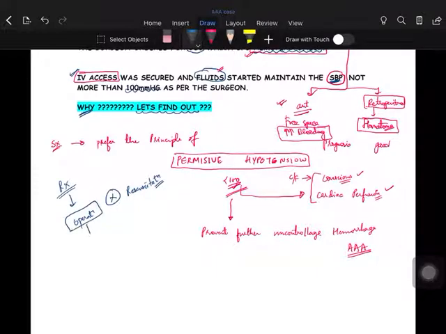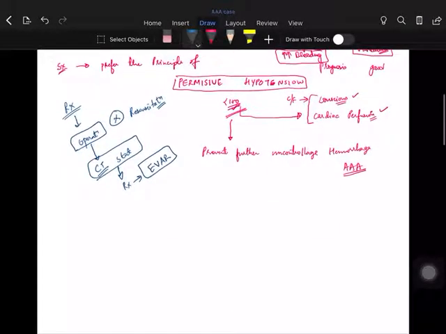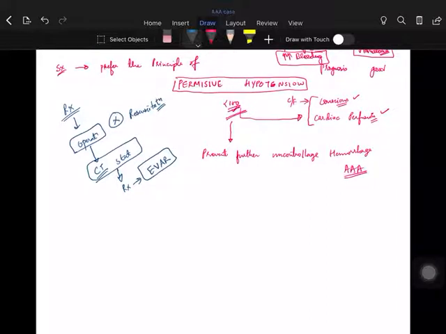So first of all, you do a CT of this patient, stat, to know if the patient can be treated with an endovascular aortic aneurysm repair. To decide if we can do an endovascular surgery, we do a CT, and if it is not possible, then we'll go for an open repair.